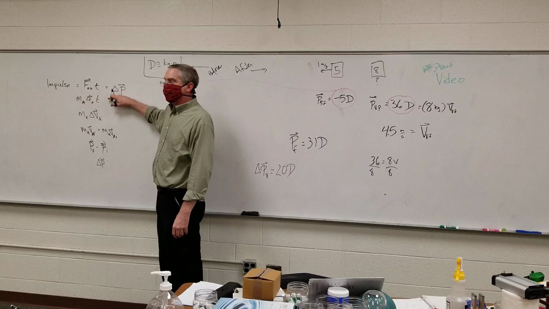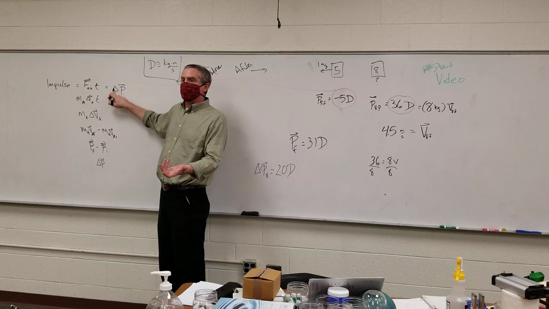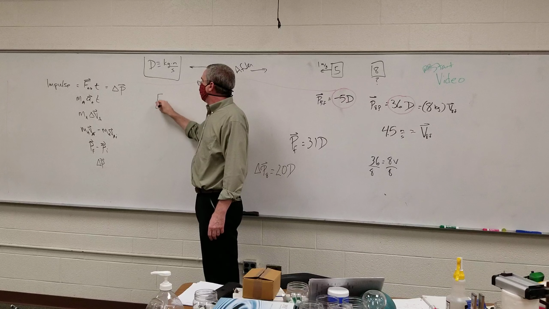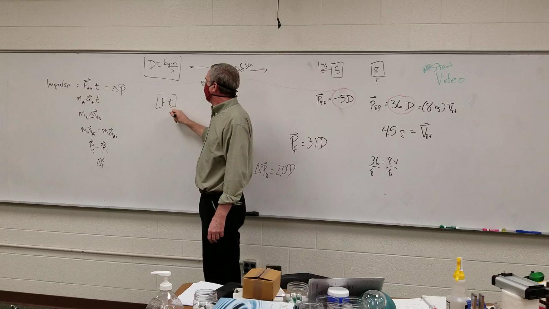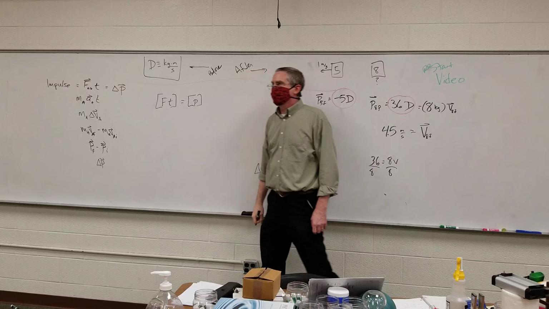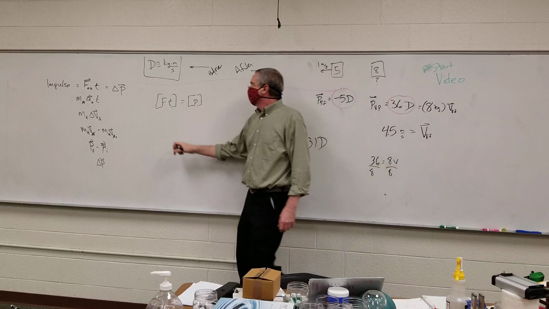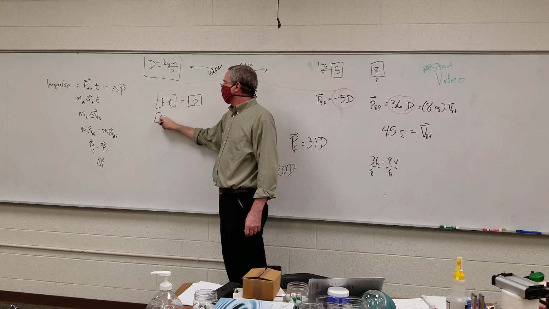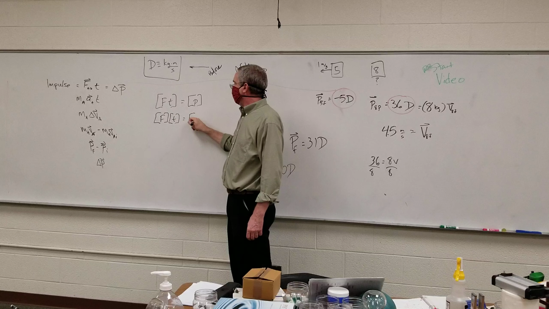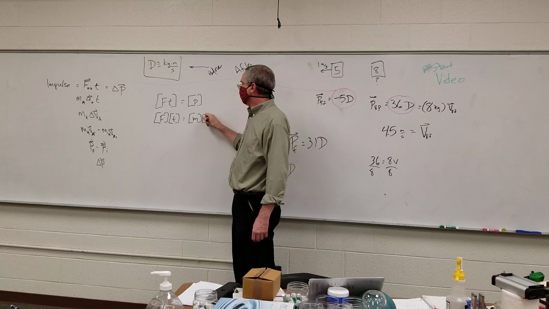Because this and this are equal to each other, the units have to be equal also. So the units of force times time must be equal to the units of momentum. So that would be the unit of force times the unit of time. It's equal to the unit of mass times the unit of velocity.